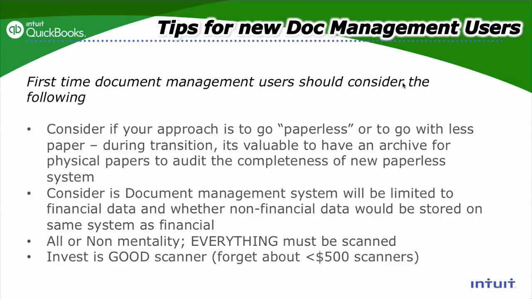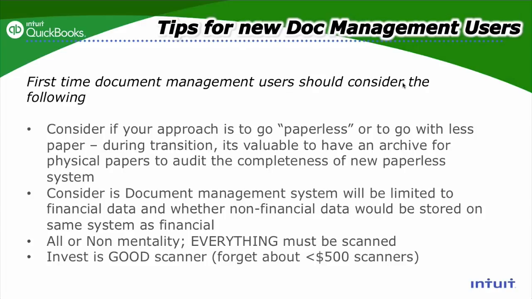So think about, do I want the document management system only for audits and only for IRS and only for accounting, or do I want to mix non-financial data with it as well? So consider that before jumping into a document management system, and consider the pros and cons of that system working with financial and non-financial data. You've got to have an all or none mentality. You can't really pick and choose which ones you're going to scan, which ones you're not going to scan.